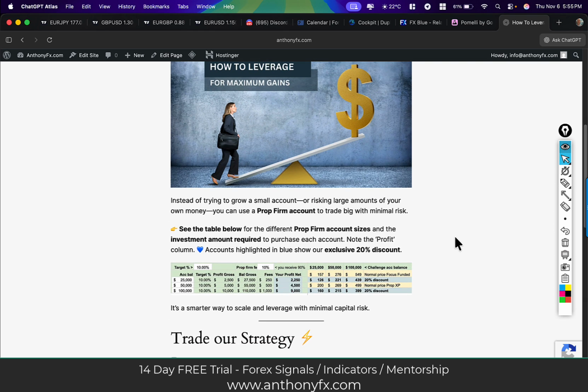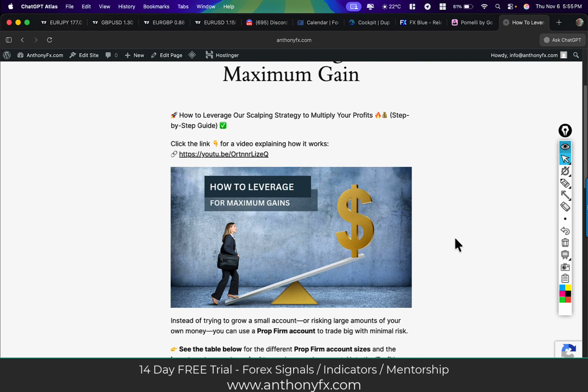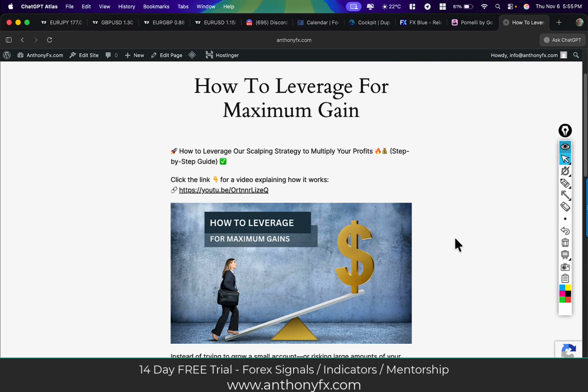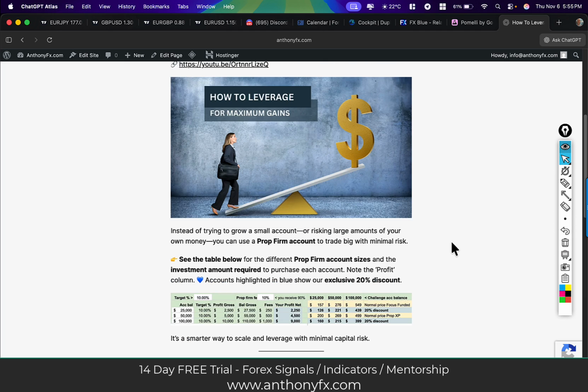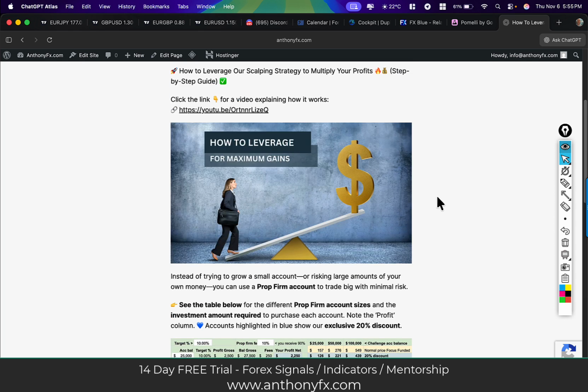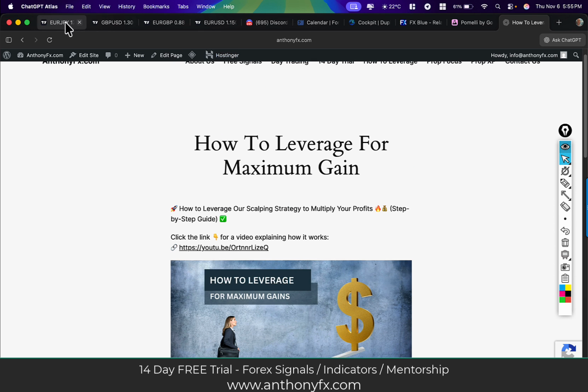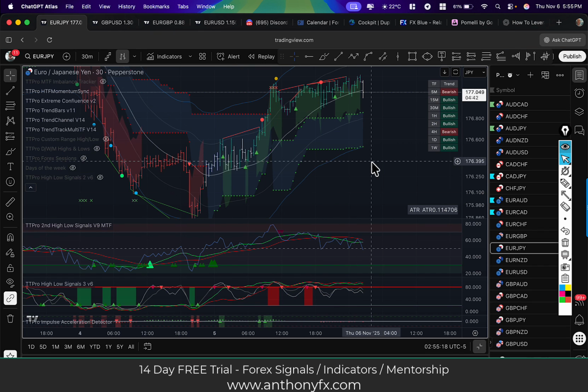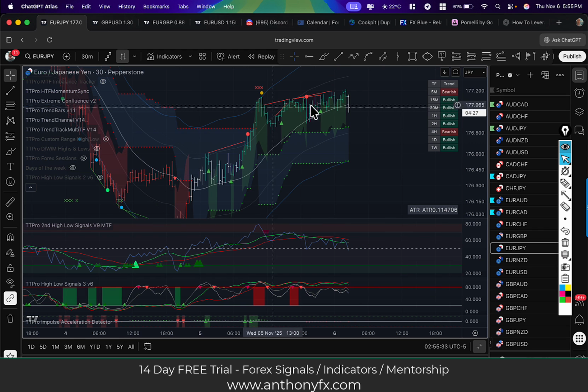Watch that. And think about trading our system with our indicators and trading multiple prop firm accounts. You can trade one account. I just trade here. This is it. And all of the trades that I take here with my indicators are automatically transferred onto multiple different prop firm accounts. I've got client accounts as well.